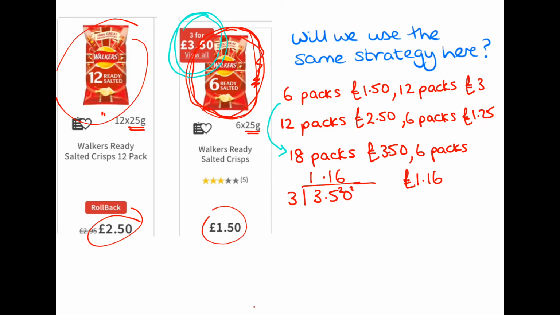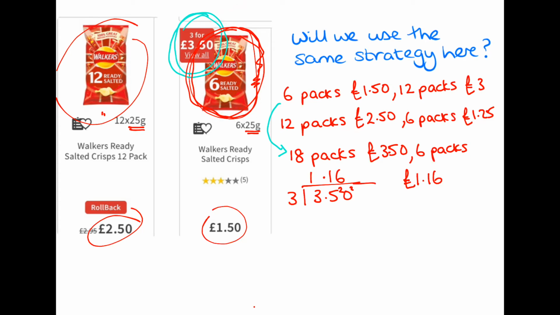Okay, so that means then that if we wanted 12 packs of crisps, this one would be better value than buying 2 of those. Okay, if we only wanted 6 packs and we've only got room for 6 packs, we'd have to buy this one.